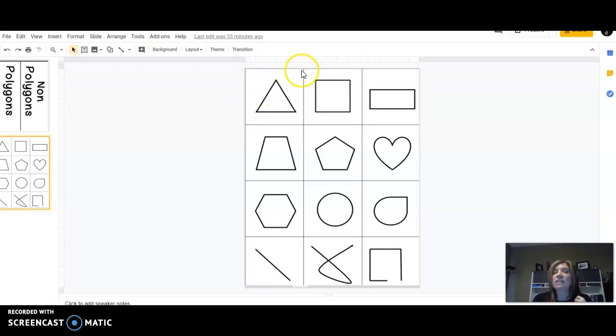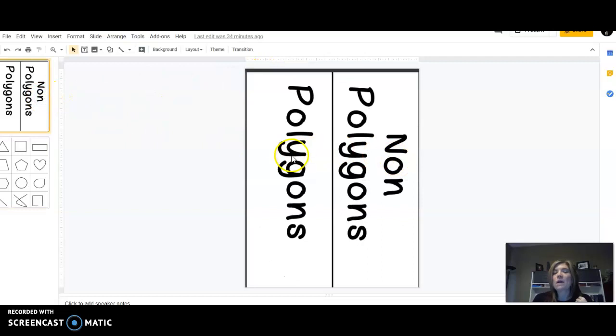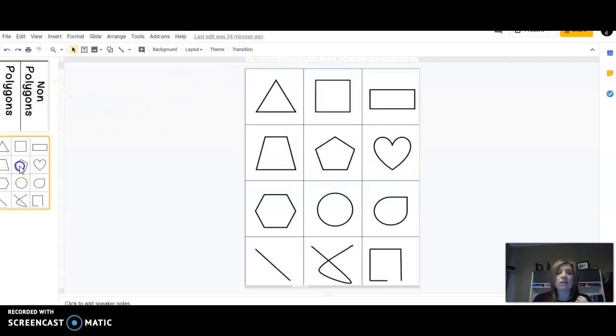And then you're going to put it under the correct heading. So let's look at this triangle first of all. Let's decide whether this triangle is a polygon or a non-polygon. I bet you're realizing right away that this shape is a polygon because it is flat, it is closed, and it is made of 3 or more straight lines.